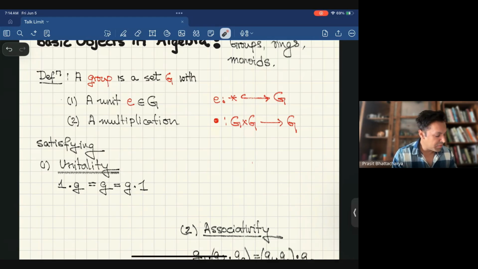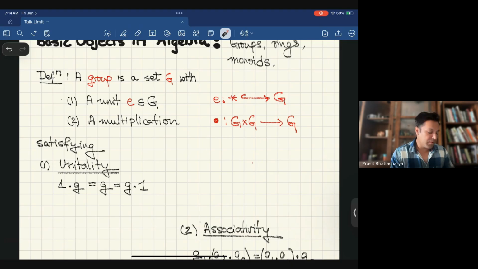A unit is a map from a one-point set to your set, which you are denoting by G. And then you think of multiplication as a binary operation, meaning a map from G cross G to G. That means your input is two elements of G, and output is one element of your group G.